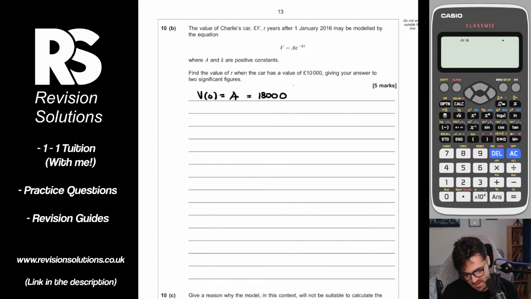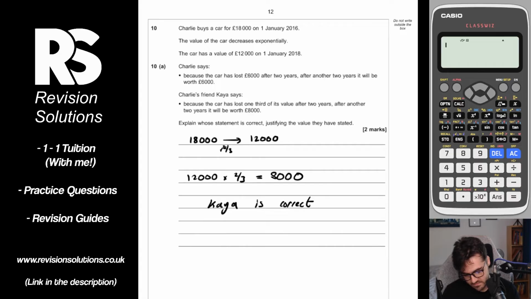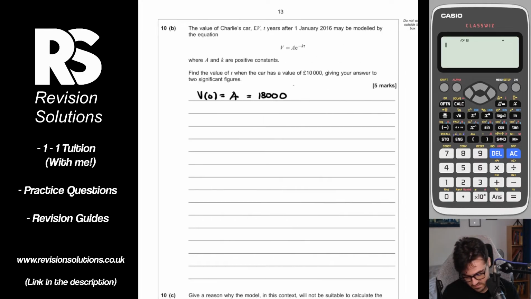Then to get k, we have another piece of information. We know that the value 2 years on, so that's when t equals 2, is £12,000. So v of 2 is 12,000. So let's see what that tells us to find k.